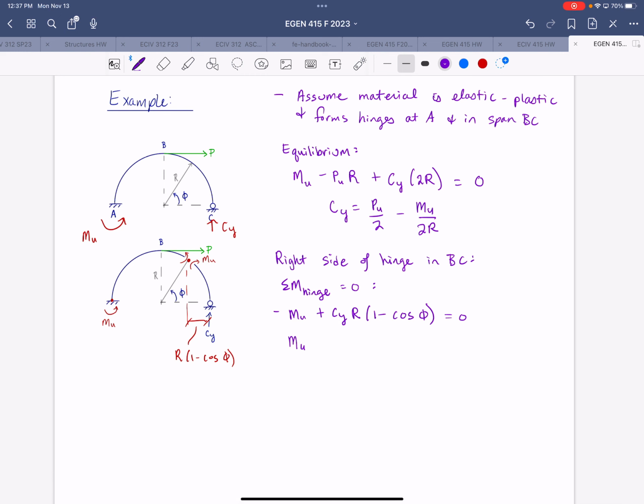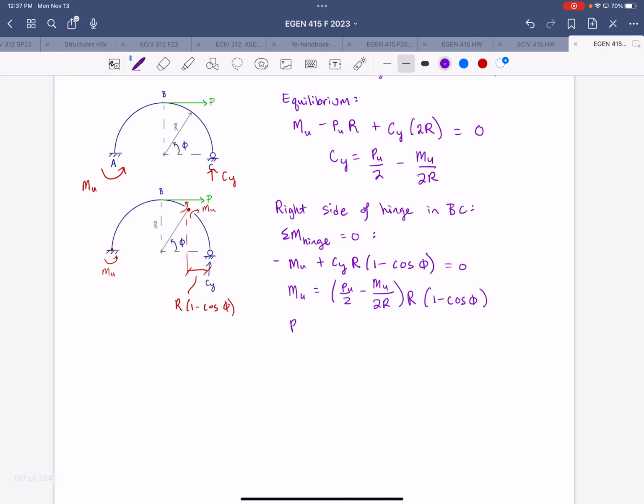So we have Mu, and now I'm going to substitute in our expression for Cy in terms of Pu and Mu. So we have Mu is equal to Pu over 2 minus Mu over 2R, times R times 1 minus cosine phi.